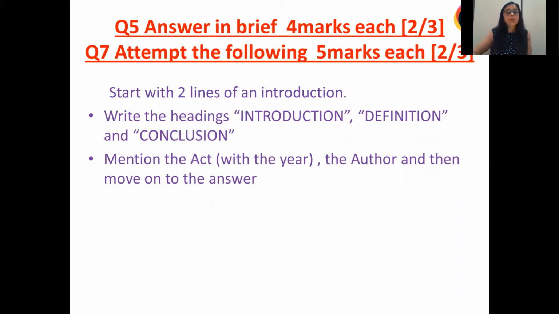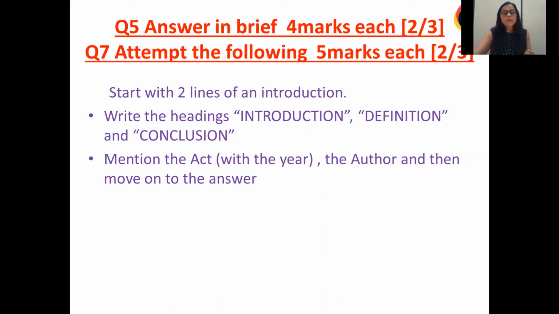I understand that we may not have a lot of time, but I'm sure a small attempt might definitely make your paper better. So while you're preparing for explain the term, you can also prepare how you're going to write your answer in brief, how you're going to start with that.